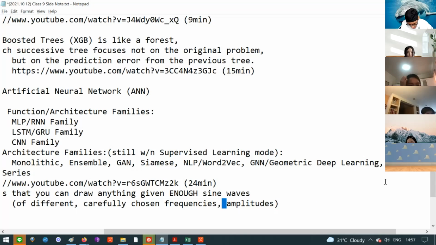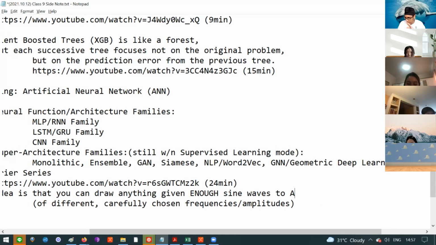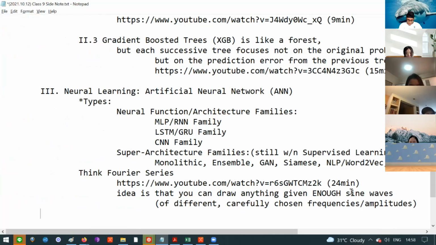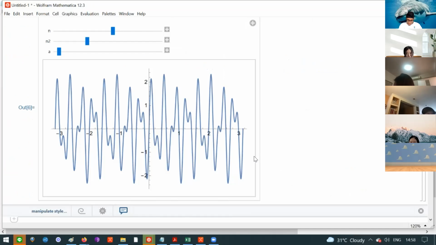Okay, so if you have enough of them, and you can just add, you can draw anything given enough of it to add together. That's the idea.